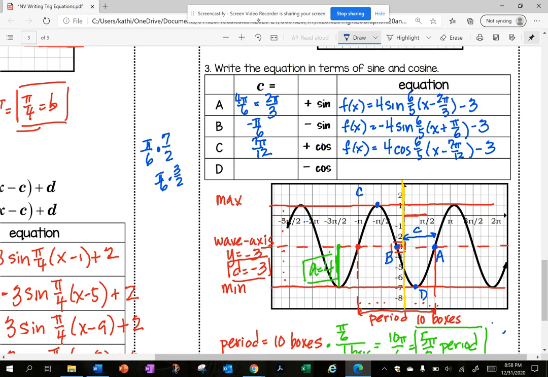So this is going to be 3 pi over 12, which when I simplify that, it is pi over 4. So substituting in my equation, I get f of x equals, so it's flipped, so negative 4 cosine, b is still 6 over 5, x minus my c value is pi over 4 minus 3.